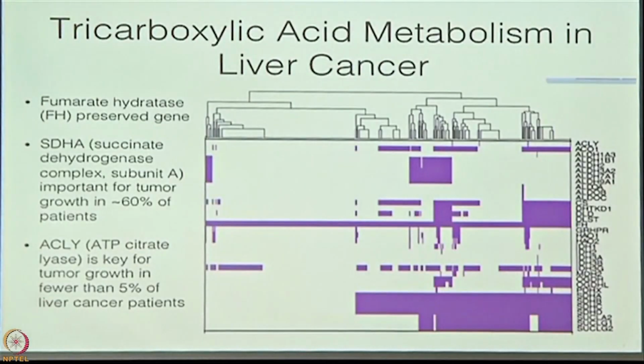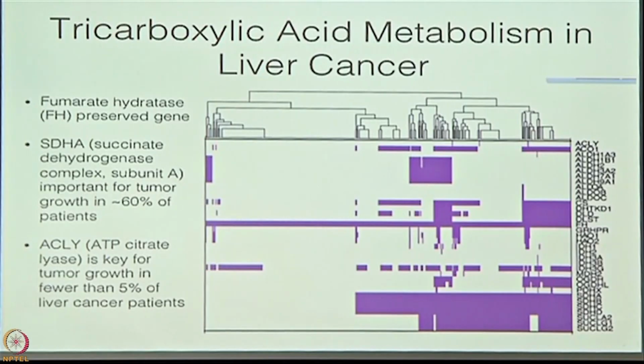Then we looked at liver cancer patients, and I am looking at elements of tricarboxylic acid metabolism. I want to tell you that FH, or fumarate hydratase, was found in all liver cancer tumors. Then ACLY, right there on the top, see those small bars there?